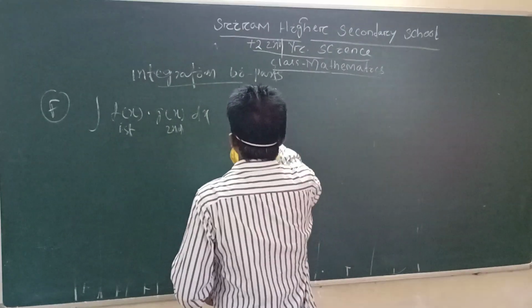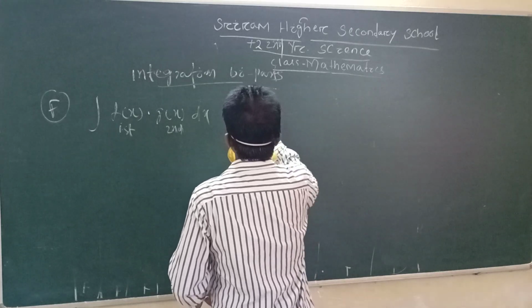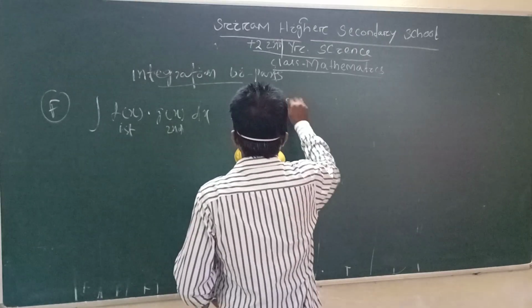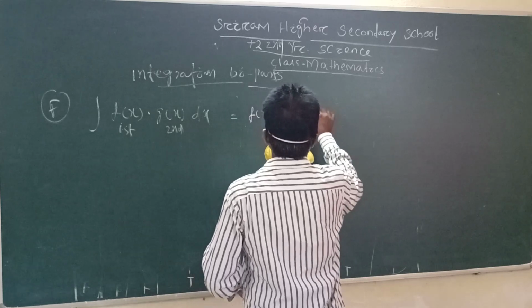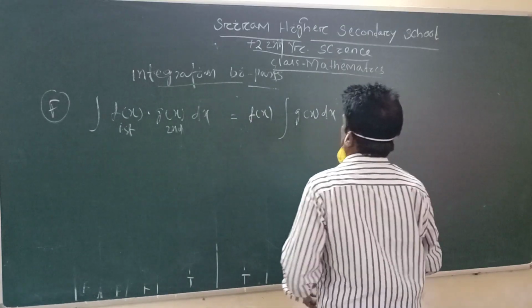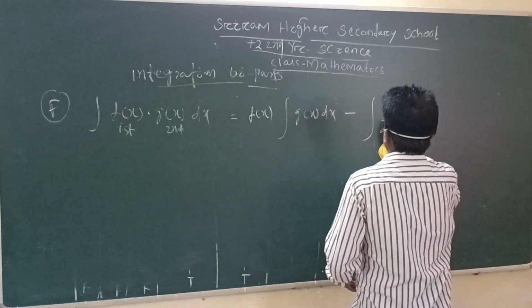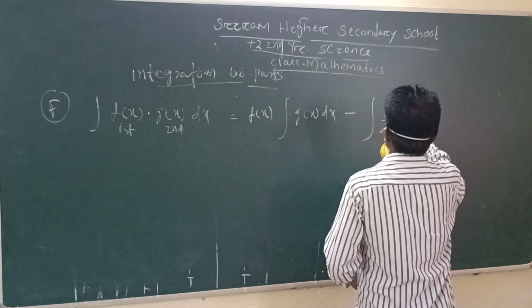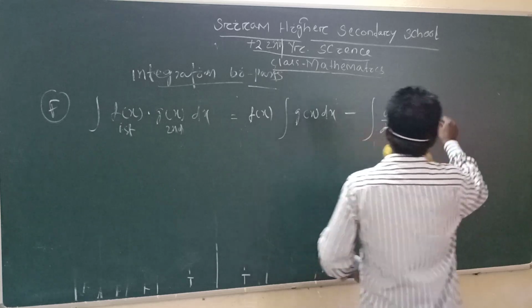The first function is a constant. The first function f(x) is a constant, times the integration of the second function, minus the integration of the derivative of the first function times the integration of the second function.